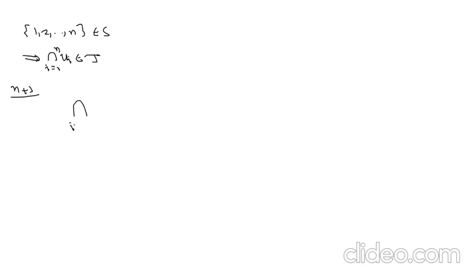The intersection over i equal to 1 to n plus 1 of Ui we can rewrite as the intersection over i equal to 1 to n of Ui, intersection U(n plus 1).